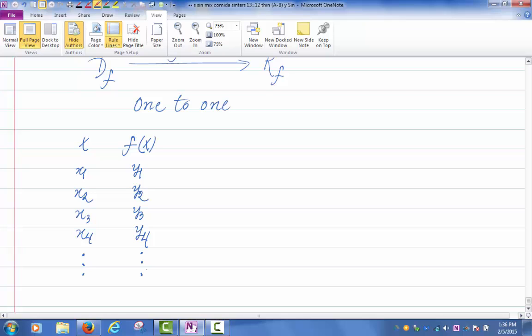Now, if f is not one-to-one, then there's got to be at least one range value for which we have two arrows going to that. That is, maybe x2 is assigned to that, and maybe something else is assigned to that. If f is not one-to-one, then there's got to be one range value associated with at least two distinct domain values.